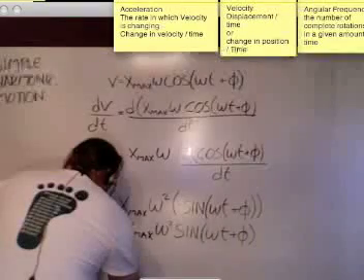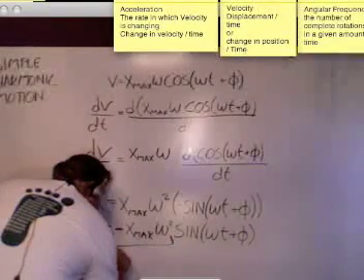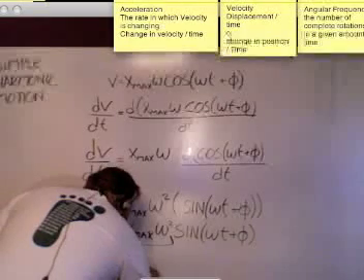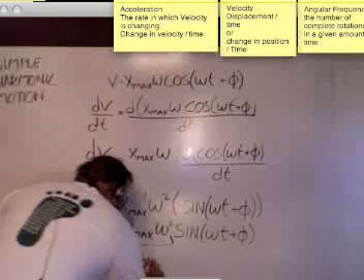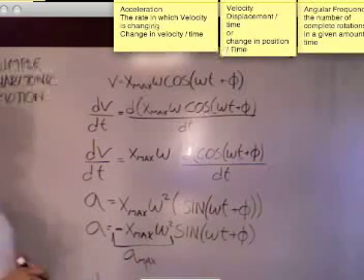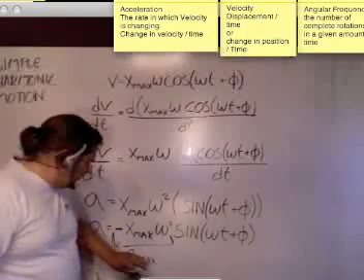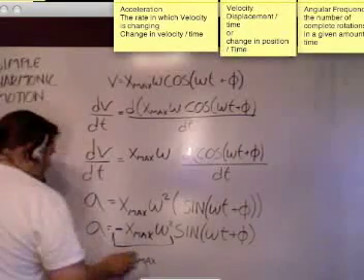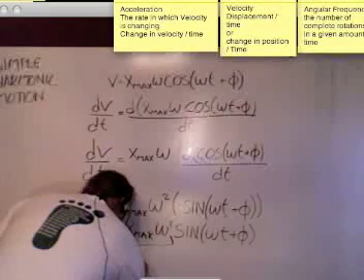Cool thing, real quick, right here. That's the maximum acceleration: x max times omega squared. Gosh, that didn't really come out very good. I'm going to rewrite that really quick so you can see it.